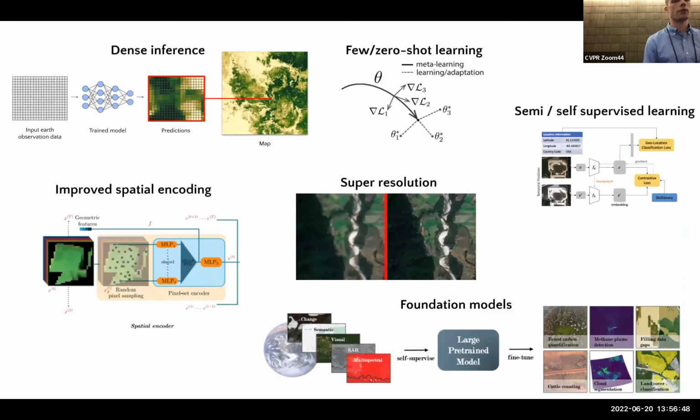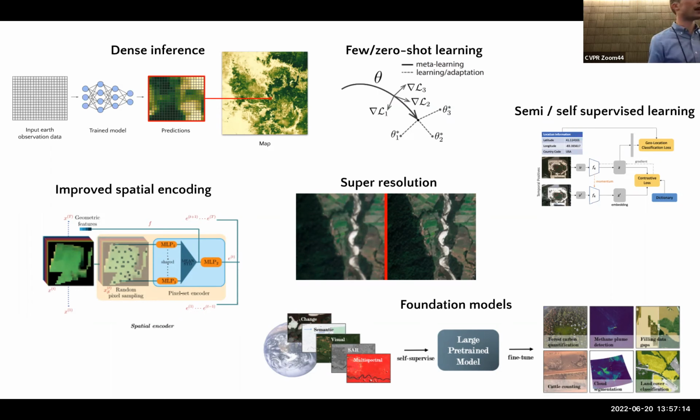There's a lot of stuff that is relevant when you start diving deep into the remote sensing data and applying machine learning there. For example, few and zero shot learning, semi and self-supervised learning, super resolution, so taking basically images that are low resolution and making them much higher resolution, improved spatial encoding. So Hannah mentioned that a lot of models actually benefit from just the temporal dimension only.